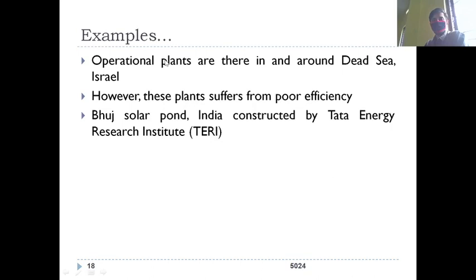There are a number of operational plants in and around the Dead Sea in Israel. But obviously, as pointed out earlier, solar thermal systems are poor in efficiency. In India also, there is a solar pond operational plant in Bhuj, constructed by TERI.